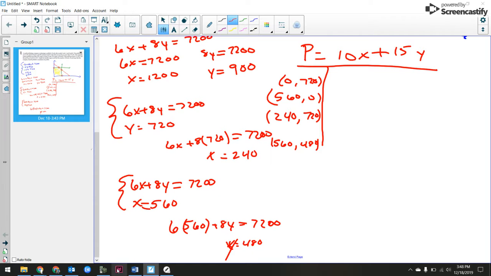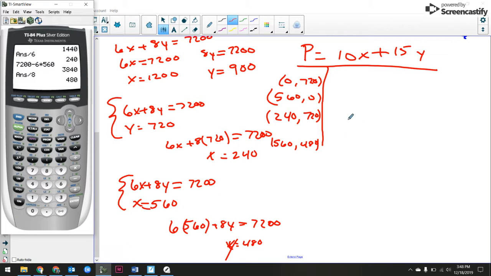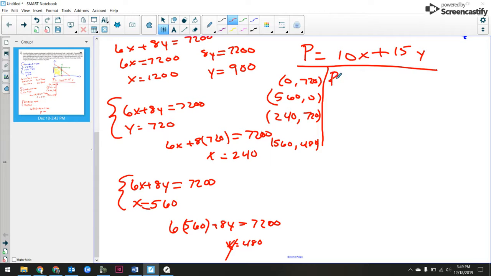Now I plug all of those in. I plug in 10 times 0 plus 15 times 720 and I get 10,800 up here. Profit is 10,800.